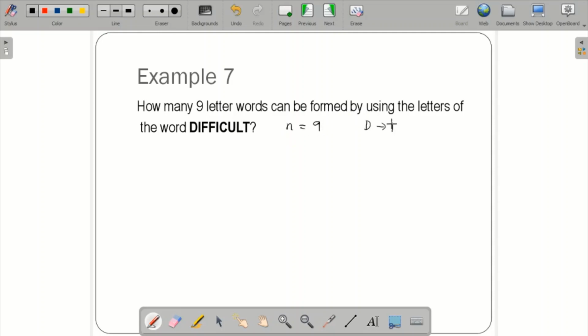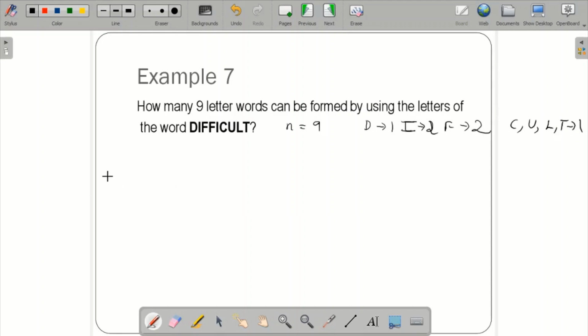D is 1, I is 2, F is 2, so 5 letters are done. C is 1, and U is also 1. C, U, L, T are all occurring once.